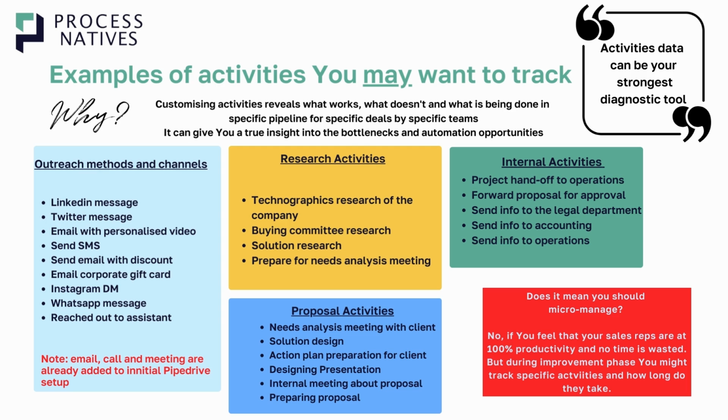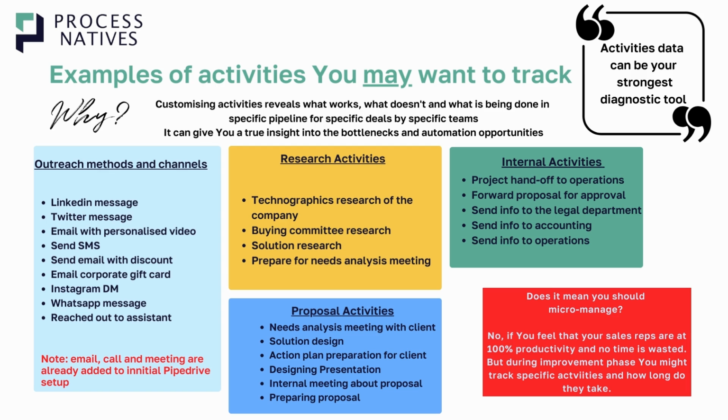Let's talk about the first one, outreach methods and channels. If you want to track how much time and effort your sales rep is spending on a specific channel, it could be a great idea to have an activity with the name of the channel. Here, examples are LinkedIn message and Twitter message, instead of just message. Many companies also do a lot of research.